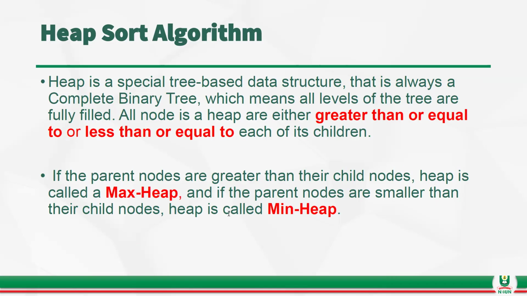Of course, when you're sorting, you're sorting from minimum to maximum, like 0, 1, 2, 3, 4, 5, 6. Or you're sorting from maximum to minimum, maybe 1 million, then 99999, then 889 till you get to 0. So that's why we have min heap or max heap, depending on whether you're sorting in ascending order or descending order.